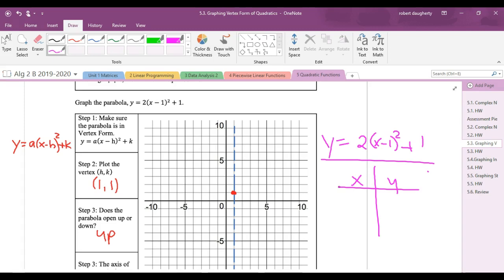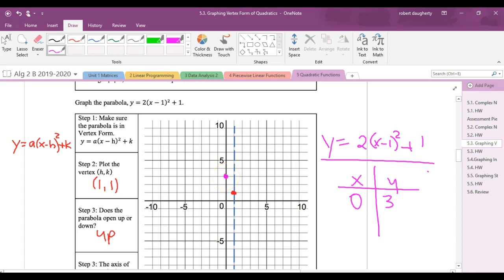What's another one I'd like better than 2? 0 is a good one. Why? It's easy to substitute in. If I plug in a 0, that just means this x goes away. What's negative 1 squared? 1. What's 1 times 2? 2. What's 2 plus 1? 3. So I know that the point 0, 3 is on the graph of this parabola.